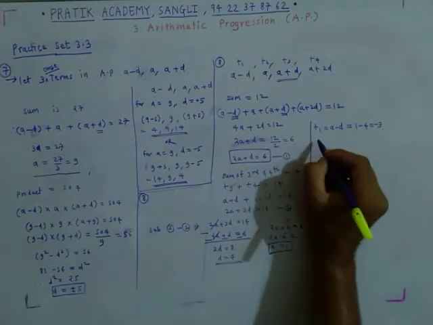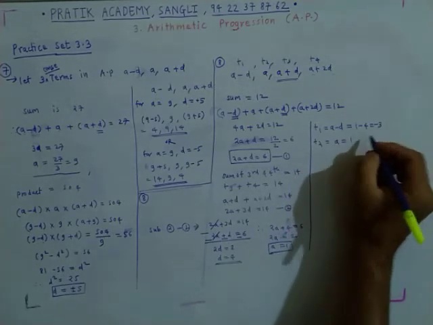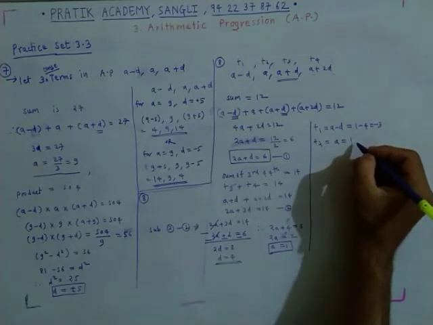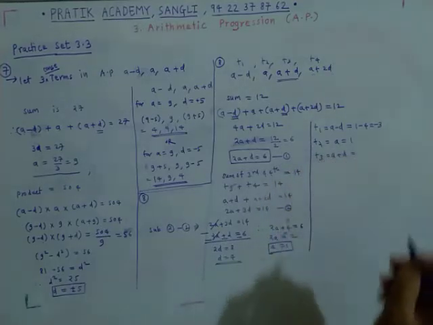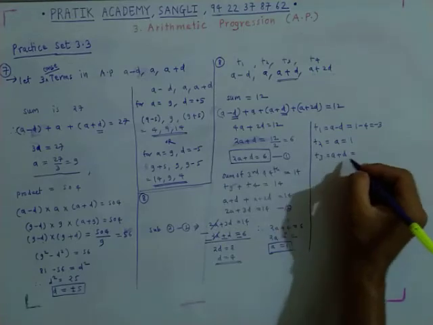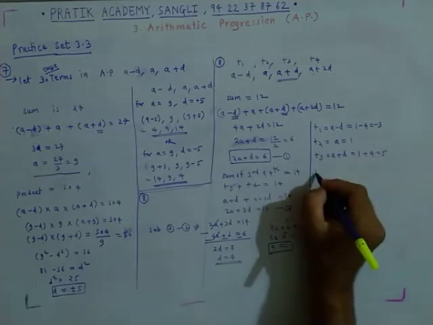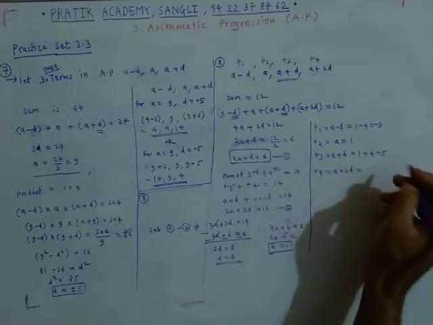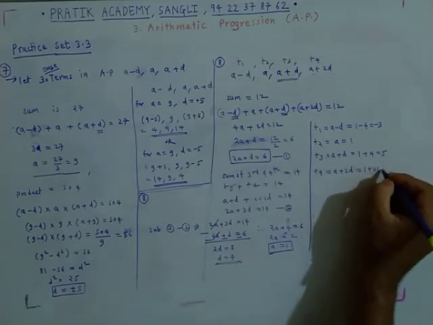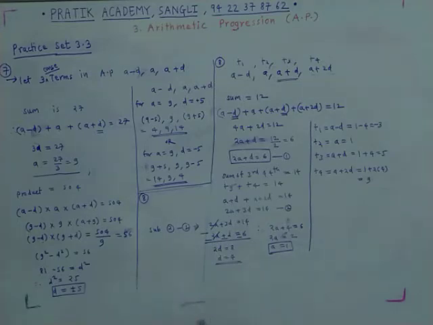Then the next term t2 is a, that is equal to 1. t3 is a plus d, so 1 plus 4 is 5. t4 is a plus 2d, that is 1 plus 2 into 4, that is equal to 9. So the four terms will be minus 3, 1, 5, 9.